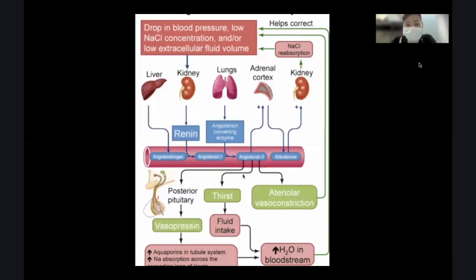Angiotensin 2 also will send a signal to the brain and tell you that you are thirsty. Hence, you will increase fluid intake. Again, we try to correct the decrease in blood pressure or the decrease in concentration or volume in the fluid balance.